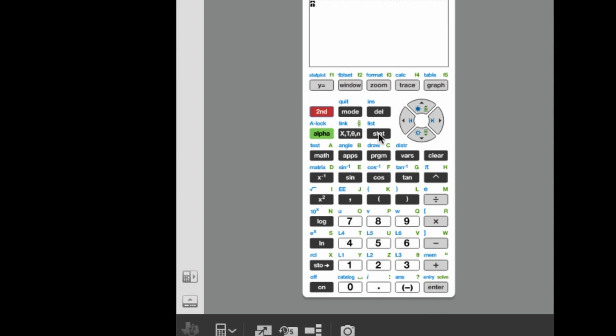So here's inverse tangent of 1/3. 18.4, so 18 degrees. We go to the nearest whole degree. Okay, so this is about 18 degrees.